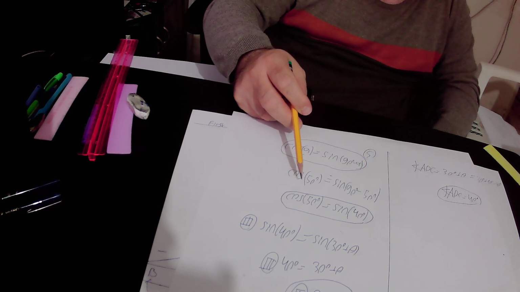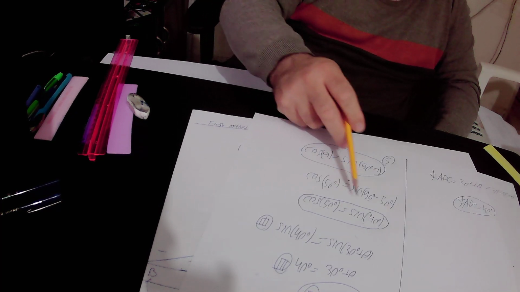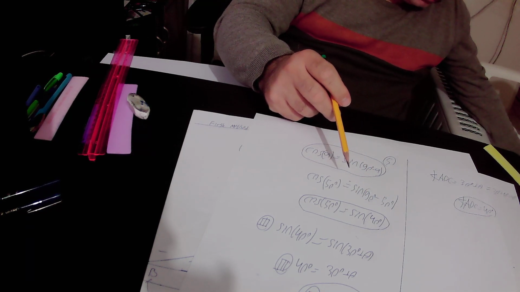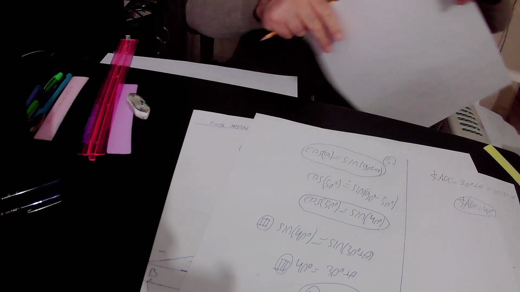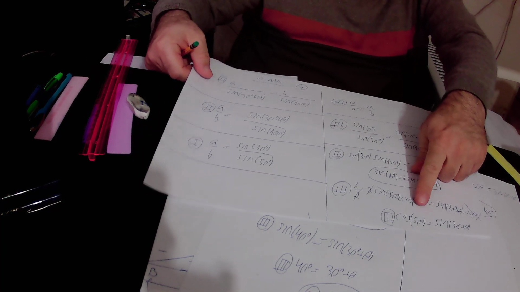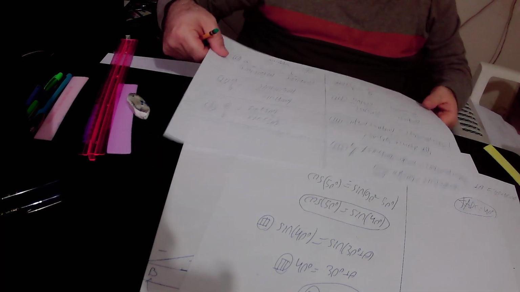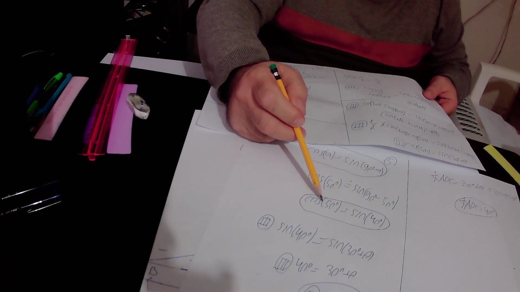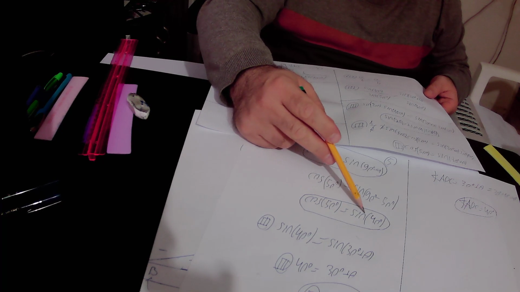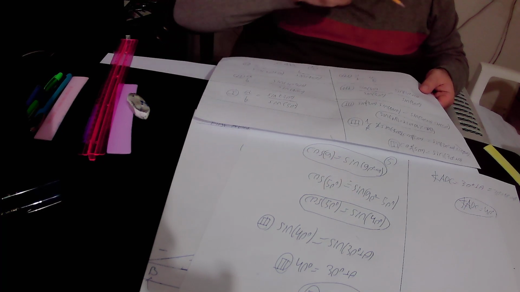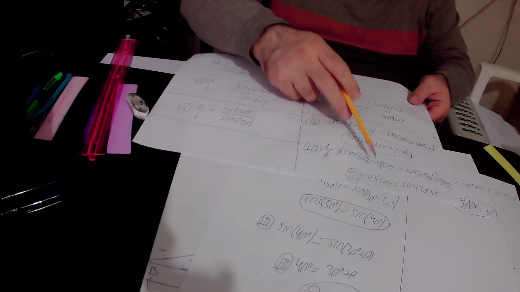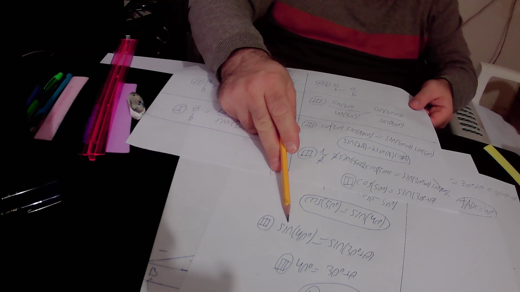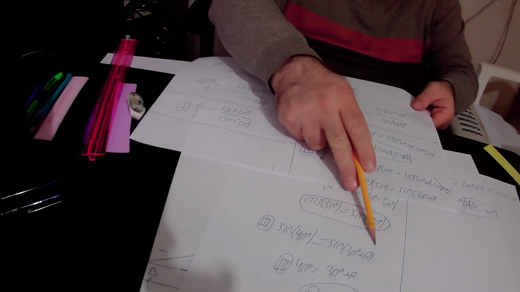So we found out that cosine 50 degrees equals sine 40 degrees. So here we actually can substitute cosine 50 degrees by sine 40 degrees. Okay, so we substituted cosine 50 degrees by sine 40 degrees, and we got that sine 40 degrees equals sine 30 degrees plus theta.